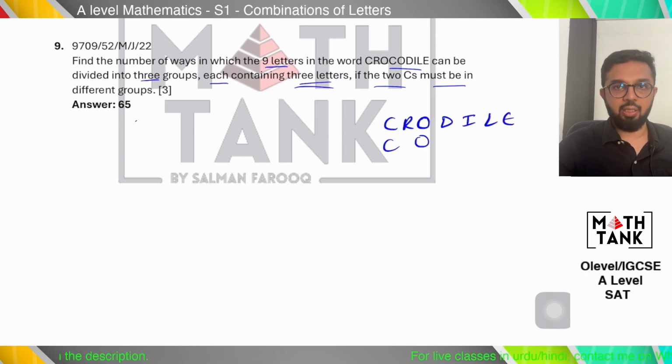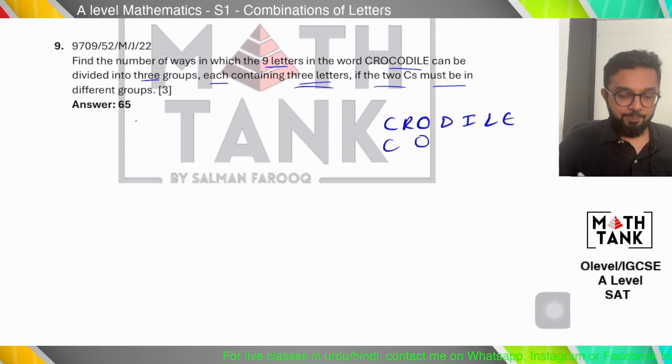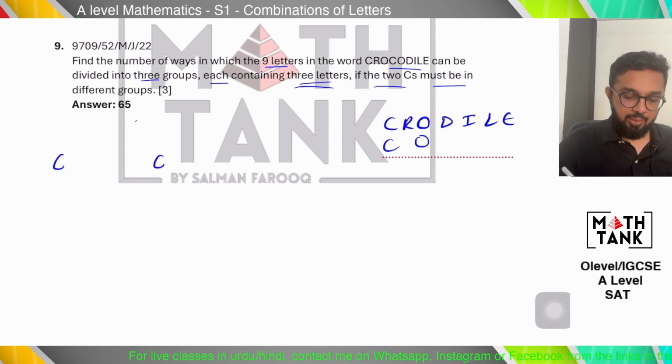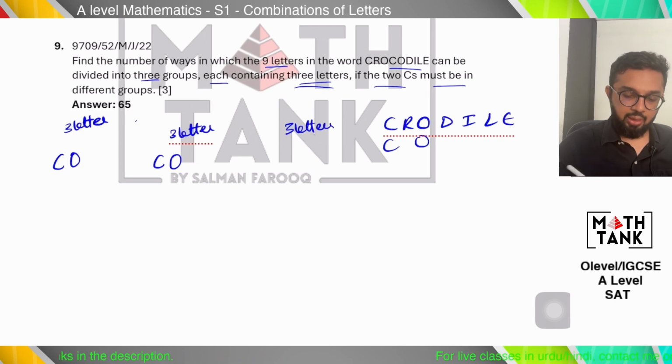That part is very clear to me. Okay, but the part that is not clear to me is where will the O's lie? So there could be lots of cases. I'm going to say that one of the cases is that each of these gets an O with them. 3 letters, and 3 letters. I'm going to write them later on.